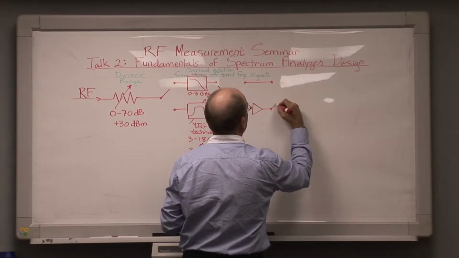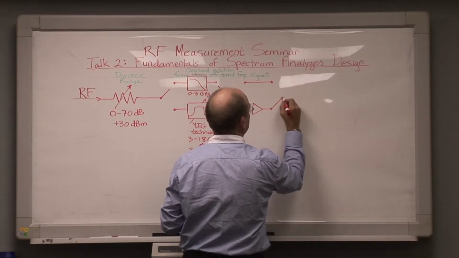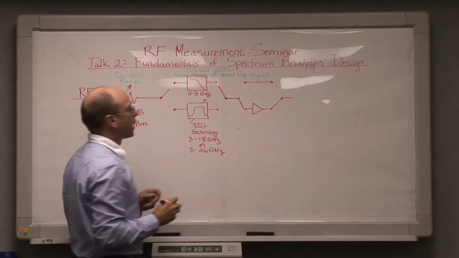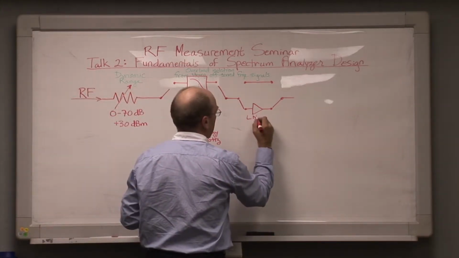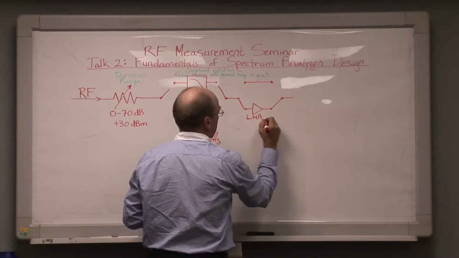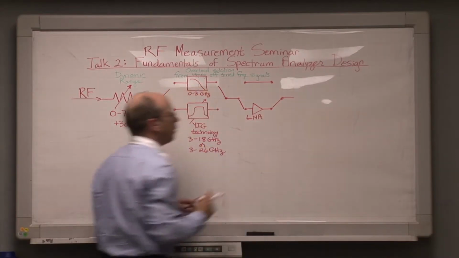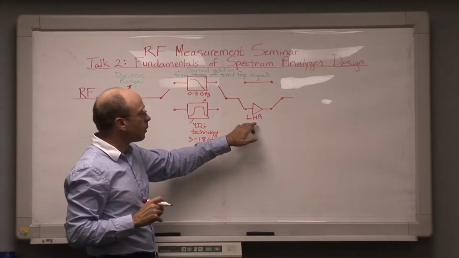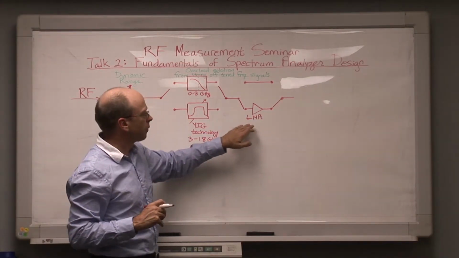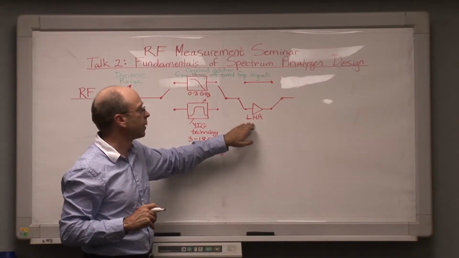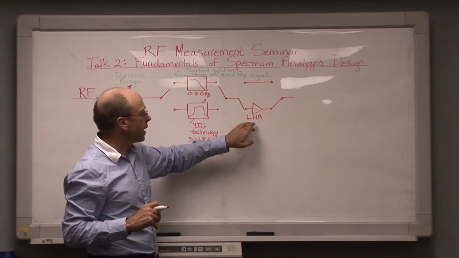And again, the selection is controlled by a relay switch. The point here with the low noise amplifier is to allow us to overdrive the noise figure of the spectrum analyzer downstream from this point by using low noise preamplification. We'll see why we need to do that in a moment.